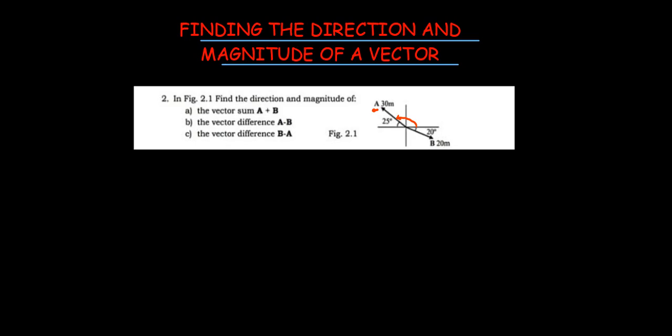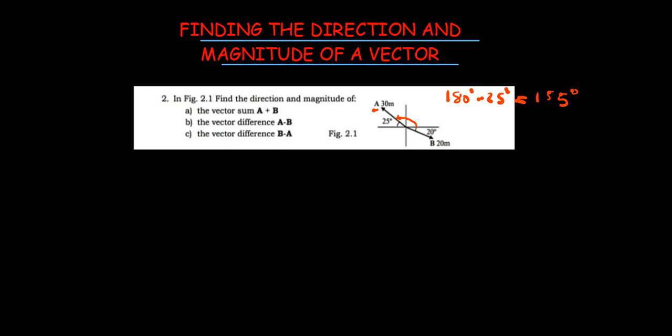I know it is almost making a semicircle, so I subtract: 180 degrees minus 25 degrees, which equals 155 degrees. That is the direction of vector A.